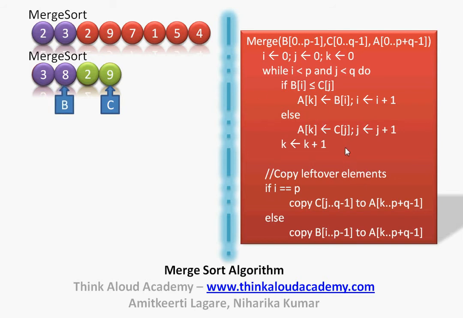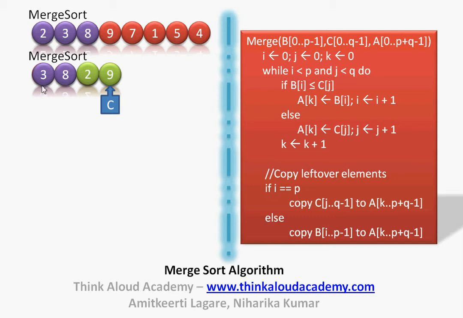In this while loop, we again check whether B of I is less than C of J. B of I happens to be 8. Is it less than C of J? Yes. So I copy 8 into its proper position. And then since we are done with B of I, B drops off.